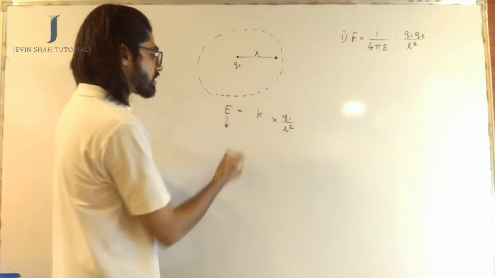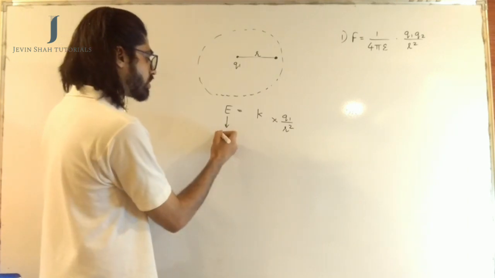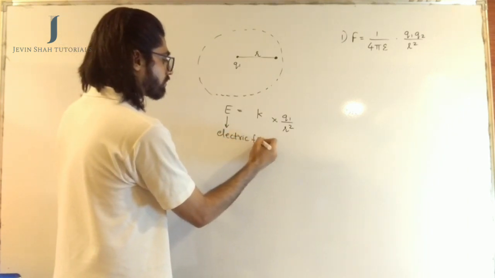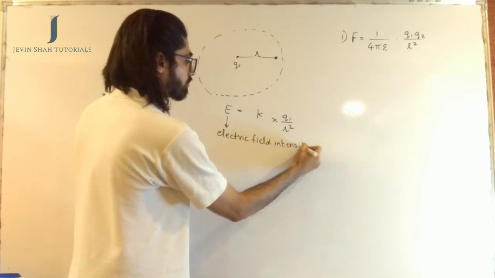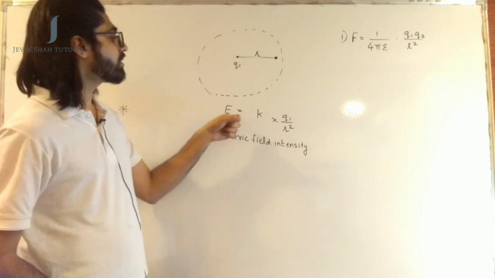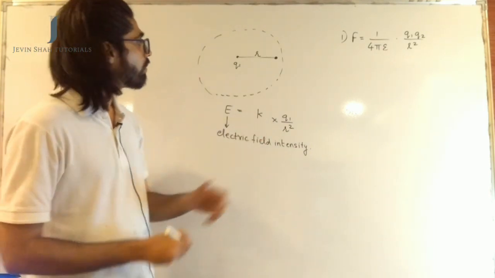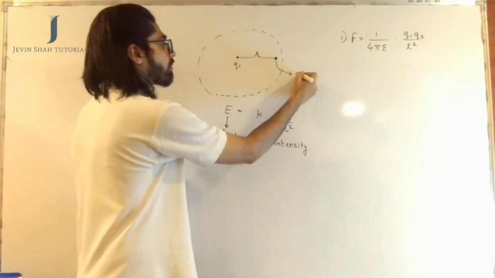Like I said, this is strength of electric field, which in the language of science or in the language of electrostatics, you call it electric field intensity. So electric field intensity is given by the formula KQ1 by R square. Now at this point, we are putting a charge Q2.